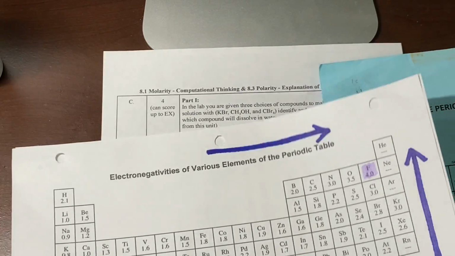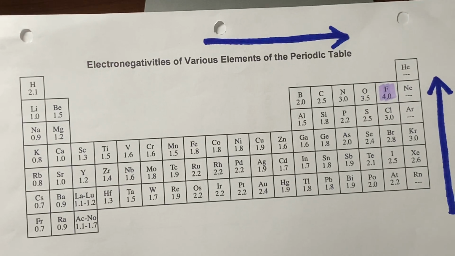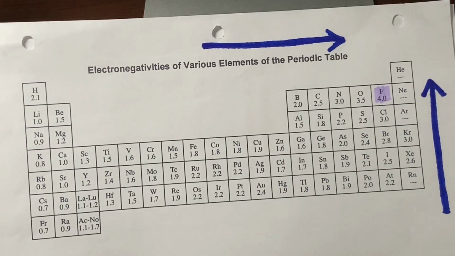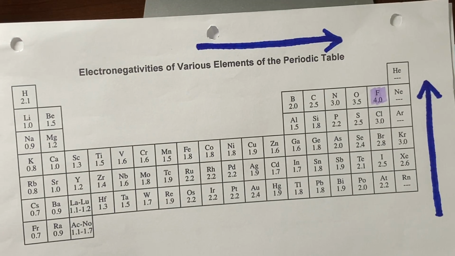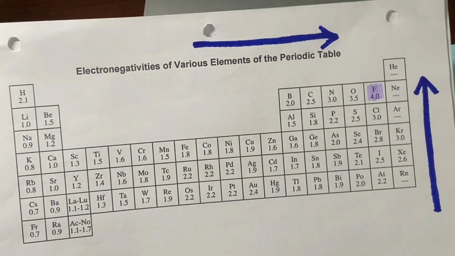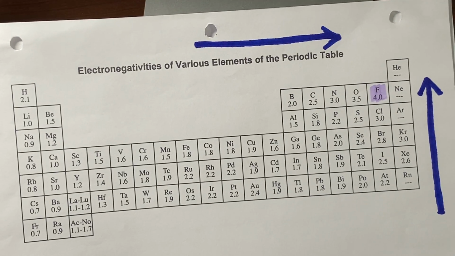Electronegativity refers to this chart and these values on the periodic table, with fluorine, as you can see, having the most electronegativity, and so on.